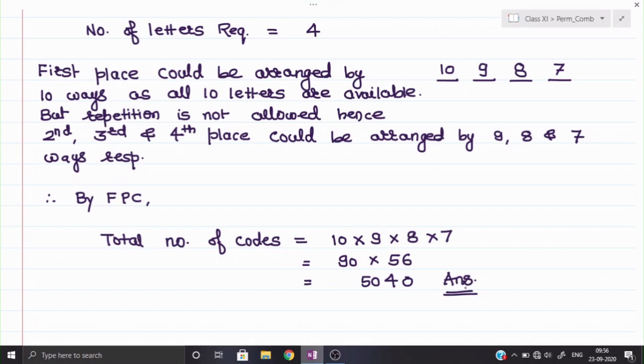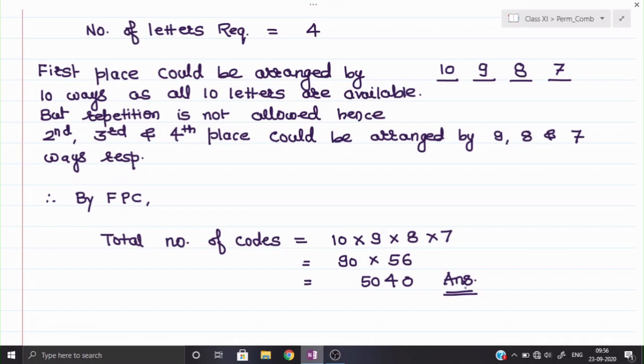So these are the total number of codes we can generate if no repetition is allowed. If repetition is allowed, think of what the answer will be. In that case, the first, second, third and fourth places, all 4 places could be arranged in 10, 10, 10, 10 ways.